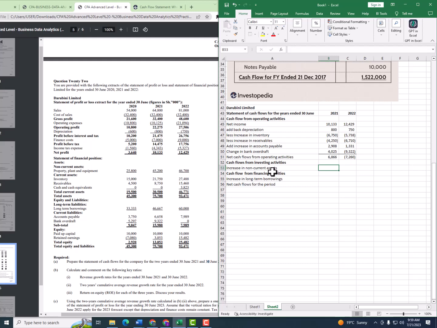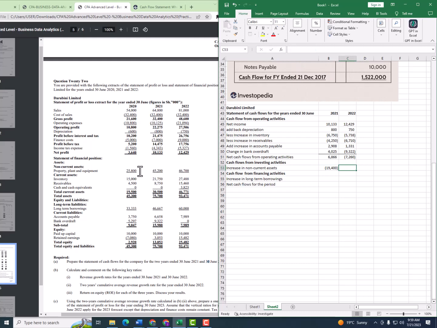So we select B53, we write equals minus sign, open brackets, and the figure for 2021 was 45200 minus the figure for 2020 for property, plant and equipment was 25800, close brackets, hit tab.